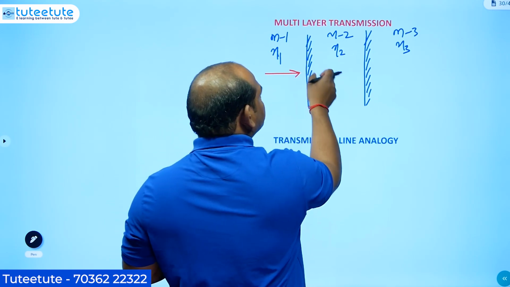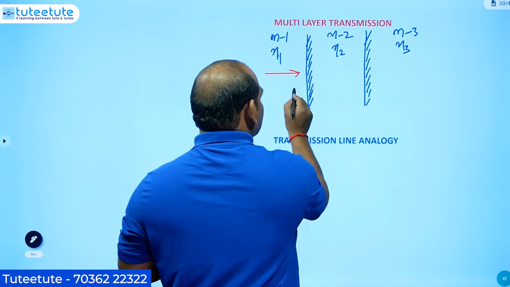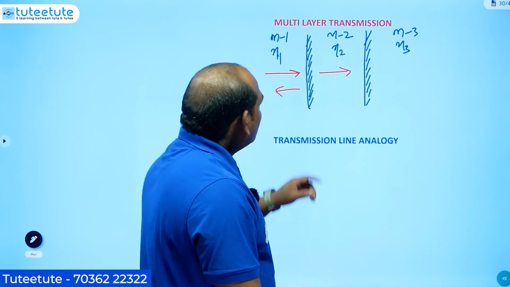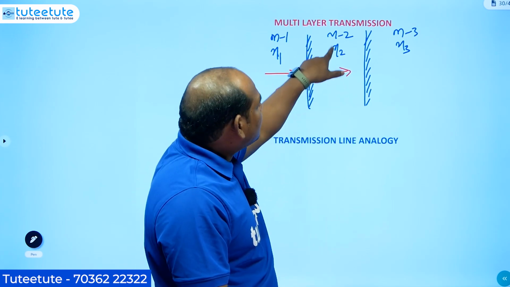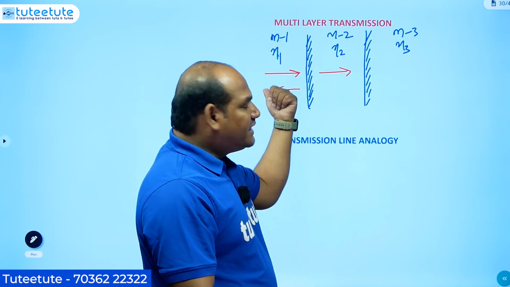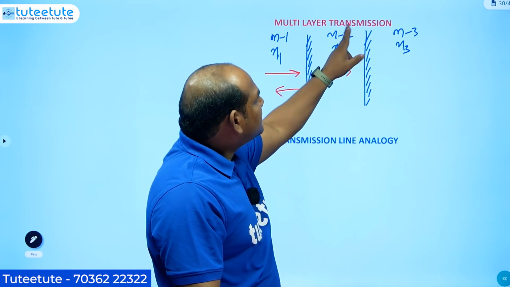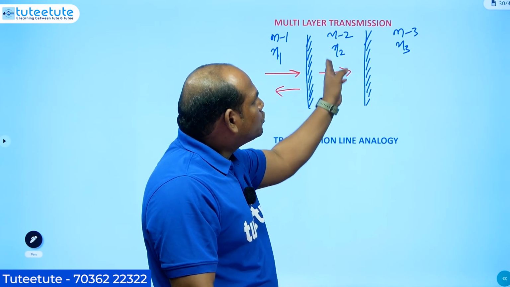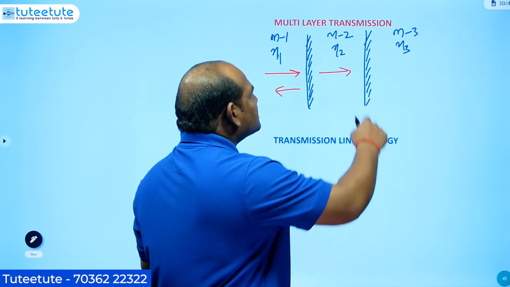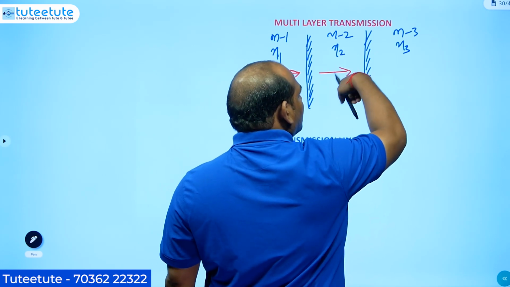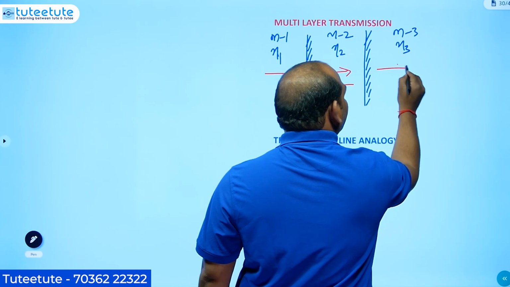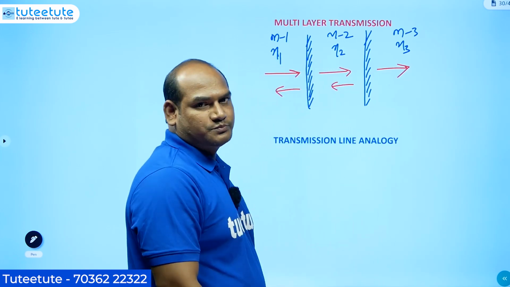Because of the impedance mismatch between eta 1 and eta 2, something will be reflected and something will be transmitted. Now this wave, which is available in medium 2 coming from medium 1, will be incident on the boundary between medium 2 and medium 3. Because of the mismatch in the impedances eta 2 and eta 3, something will be reflected and the remaining will be transmitted into medium 3.